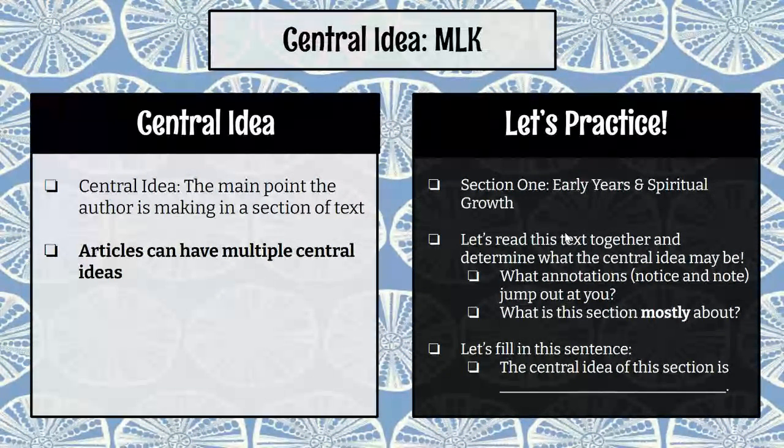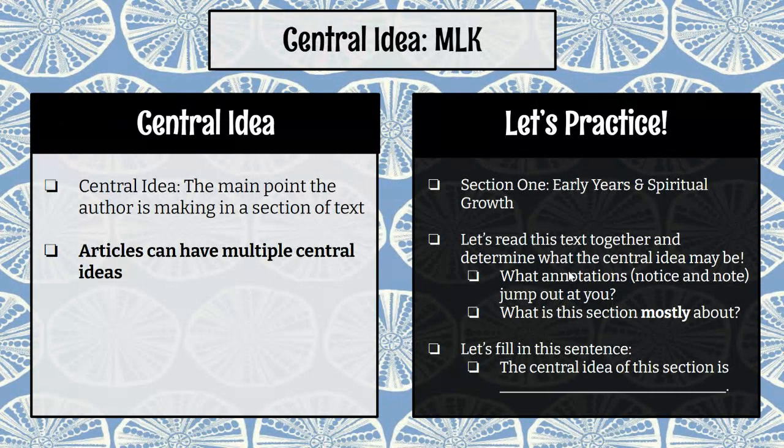Our job as readers is to be able to read a section and determine what the central idea of that section is. So we ask ourselves, based off of the details that we read, what is the main point of this? If I had to give a one sentence summary, what would it be? We're going to read section 1 of the article together and decide what the central idea is.